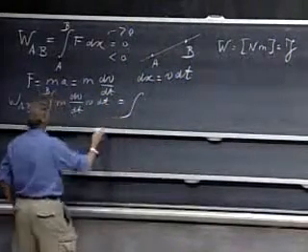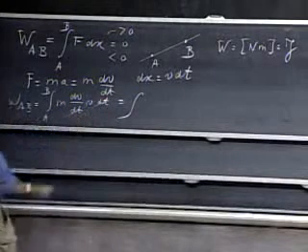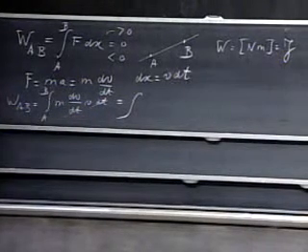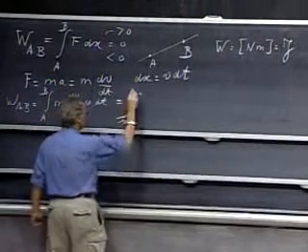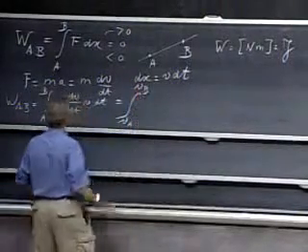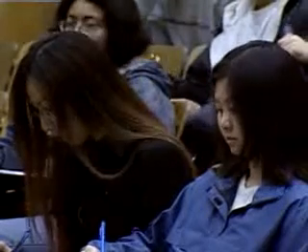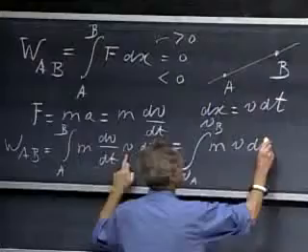And look what I can do. I can eliminate time, and I can now go to an integral over velocity, from the velocity VA to the velocity VB, and I get m times v times dv.